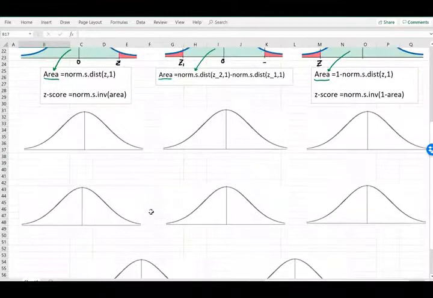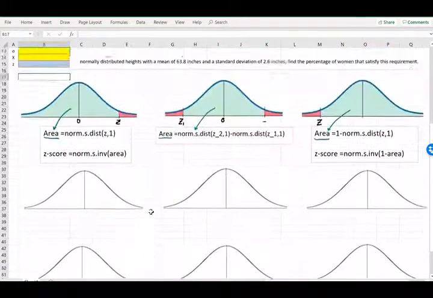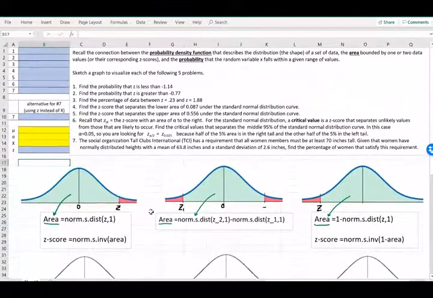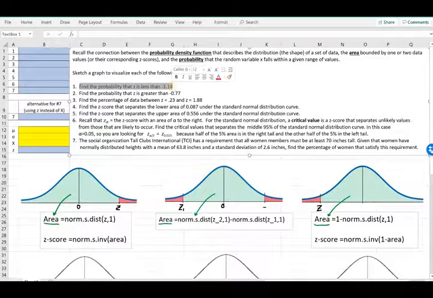I have some blank graphs down here, and as we work through these problems, for each problem before we calculate in Excel, we're going to draw a quick sketch of the graph. Okay, so let's start with number 1. Find the probability that z is less than negative 1.14. Now, remember, this is the standard normal distribution, so this assumes all data values have been converted to z-scores.